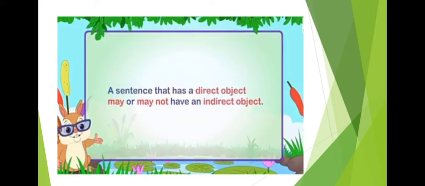A sentence that has a direct object may or may not have an indirect object. Sometimes you may come across sentences which have a direct object, but it doesn't mean that you will always have an indirect object as well.